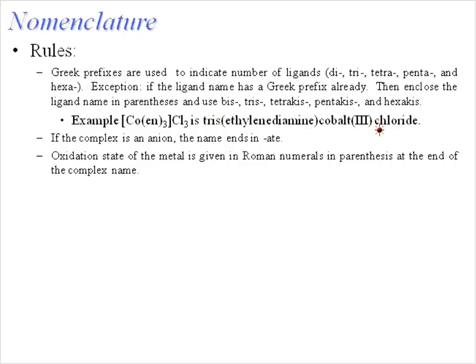Cation and then anion, chloride. Now in this example, complex was cation. Anion was not complex. Anion was just chloride.